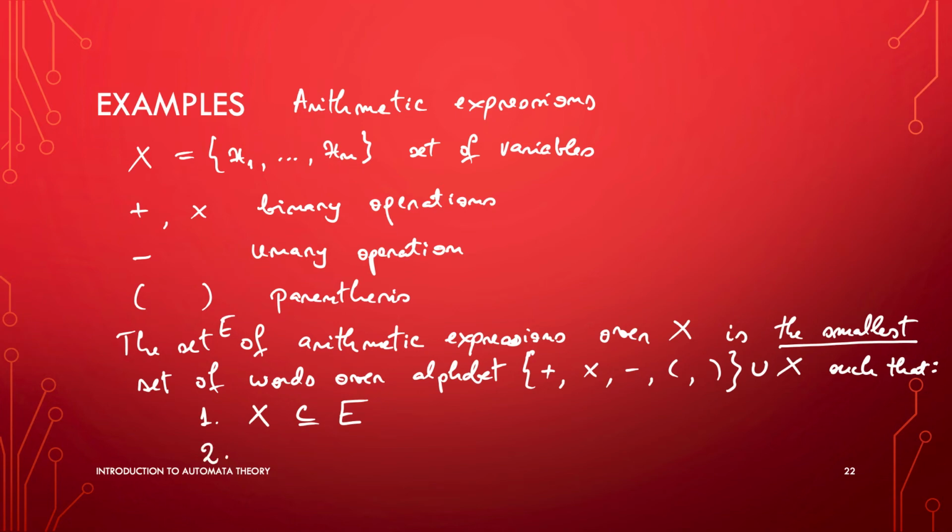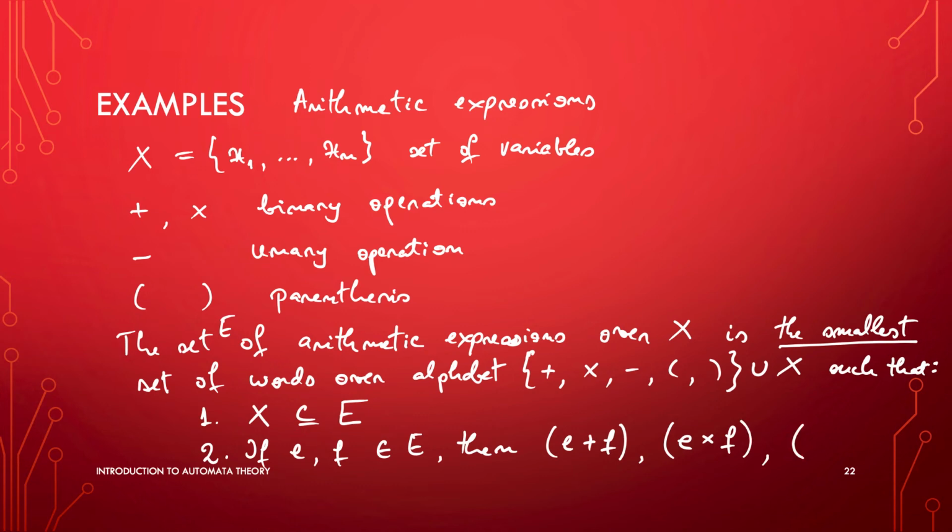And the other condition is going to be if you already have two arithmetic expressions E and F, then you will also have that (E + F), with the parenthesis closed. You will also have that (E * F), left parenthesis in the beginning, right parenthesis in the end, and (-E), with the right parenthesis.